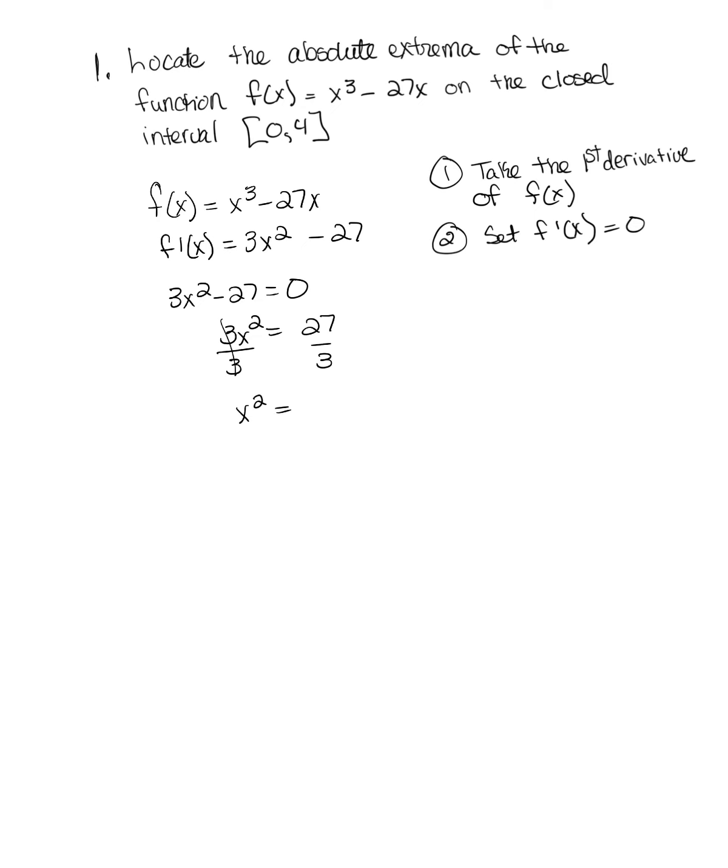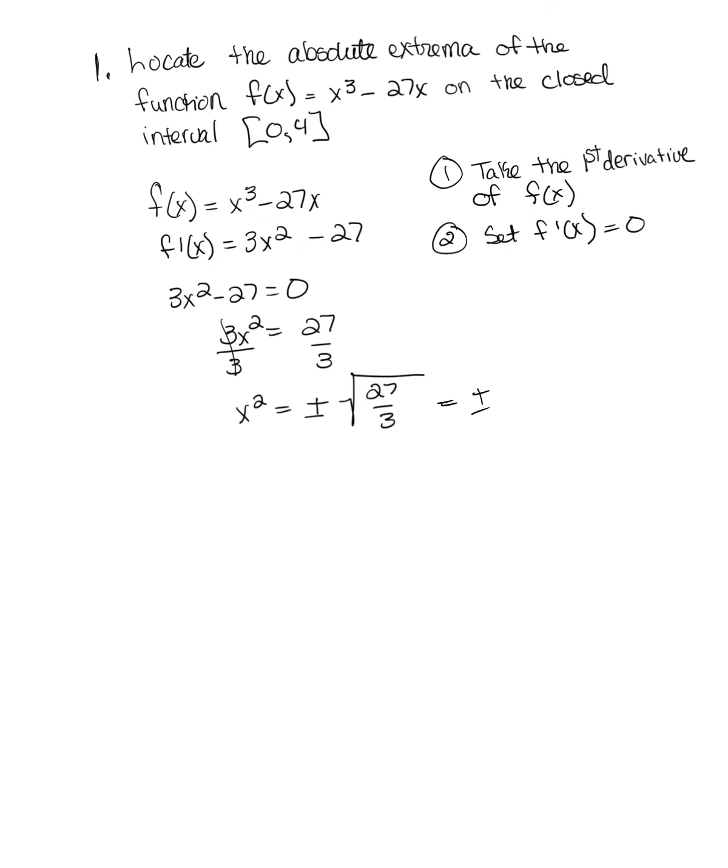We have x squared equals 9, so x equals plus and minus the square root of 27 divided by 3. But remember, when you are doing these, you want to simplify everything down as much as possible. Oh, I could make this a little bit easier. Okay, let me do it this way first.